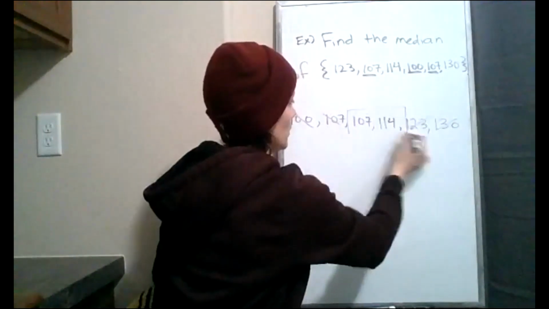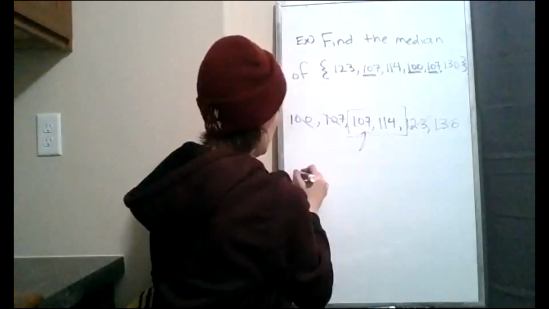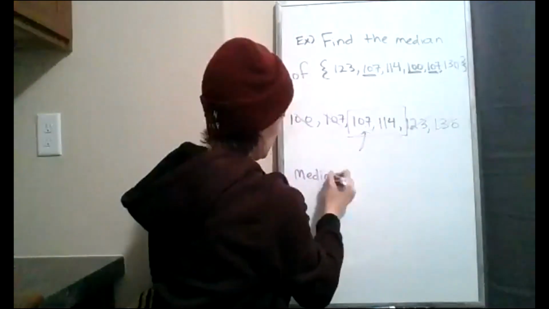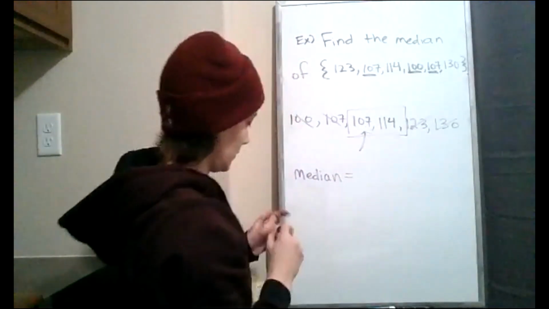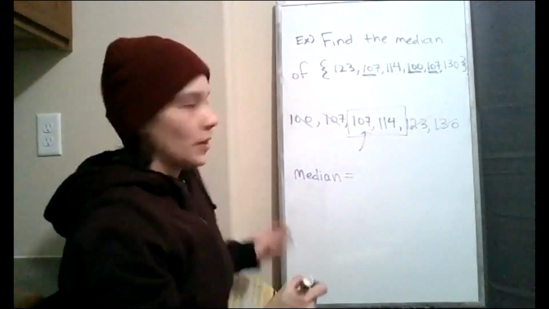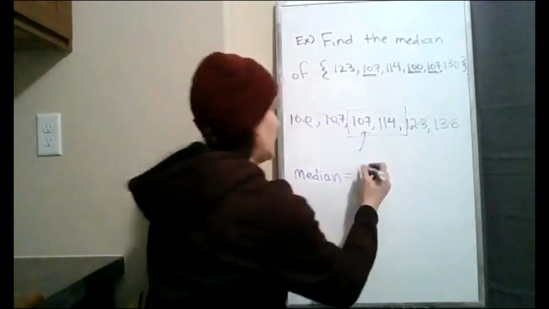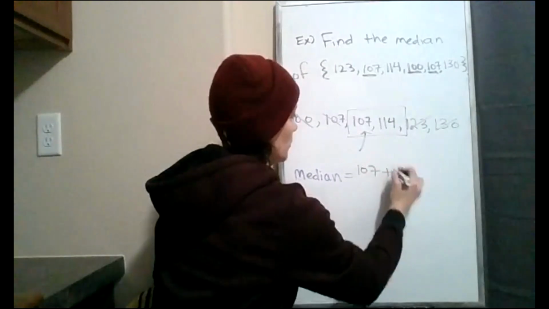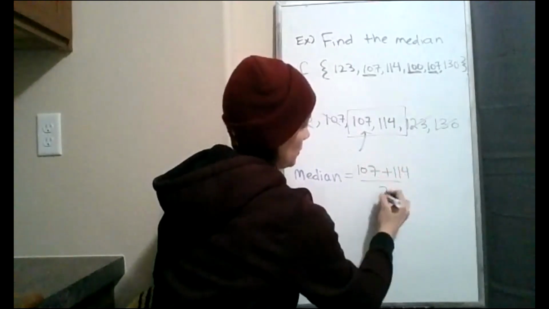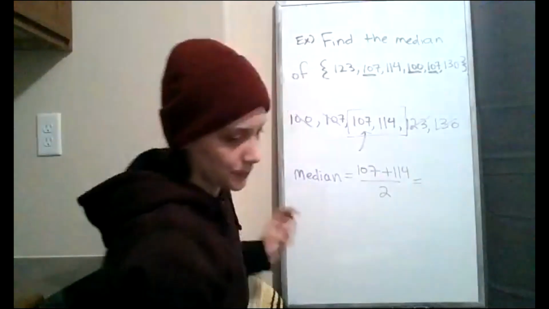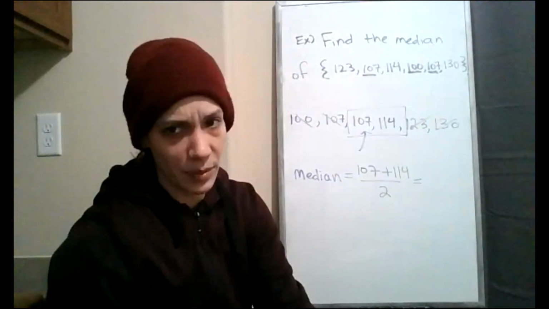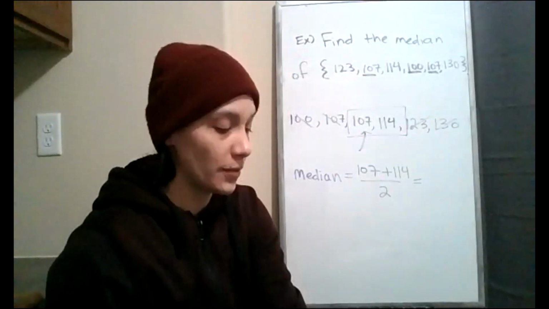And there's 2 numbers in the middle. So add them together and divide by 2, with 107 plus 114 over 2 equal to. And always you can check my math, but I got 110.5.